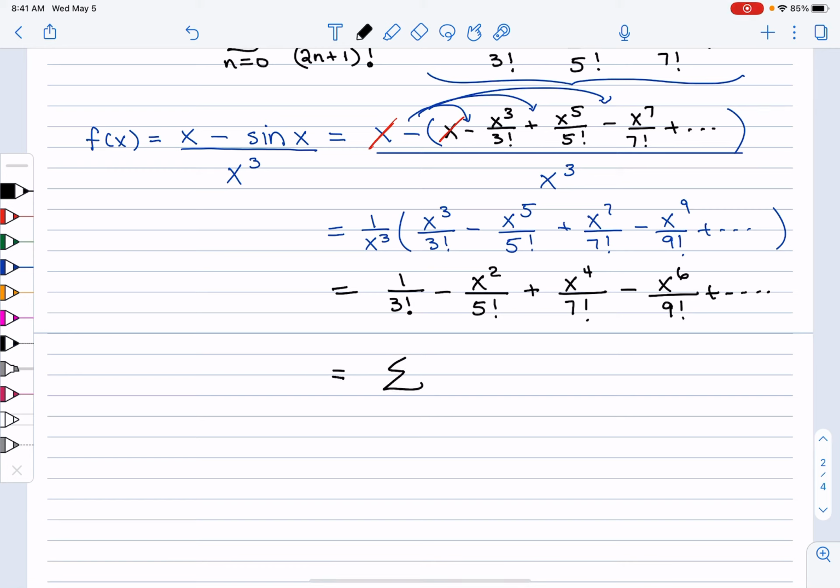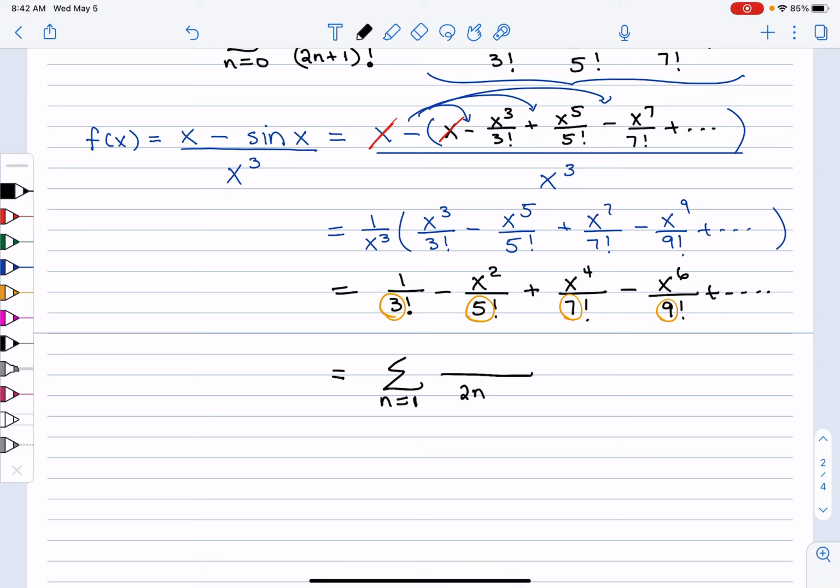So we can say sigma as n goes from, we can start it either at 0 or at 1. Why don't we start it at 1? And if you start it at 1, your denominators, the 3, the 5, the 7, the 9, 11, and so forth, we can say that that is equal to 2n plus 1 factorial.